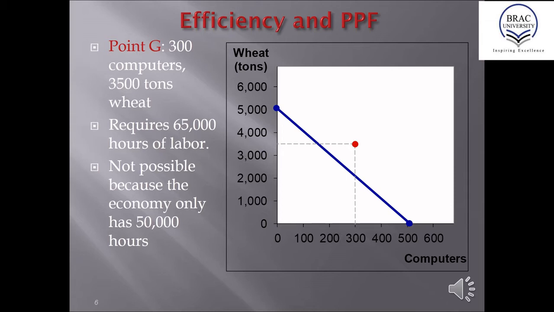But remember, we are limited to 50,000 labor hours. So producing at point G might be very efficient because the country would be producing more of both goods, but at the same time it is not attainable, simply because the country doesn't have enough labor resources to produce at point G. So any point outside the PPF is very efficient but not attainable.